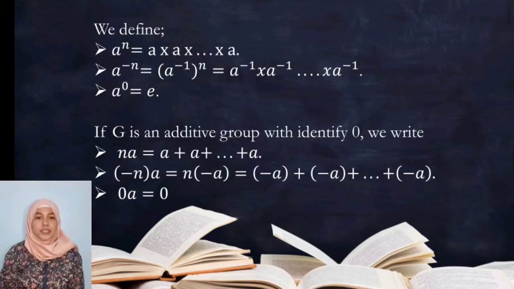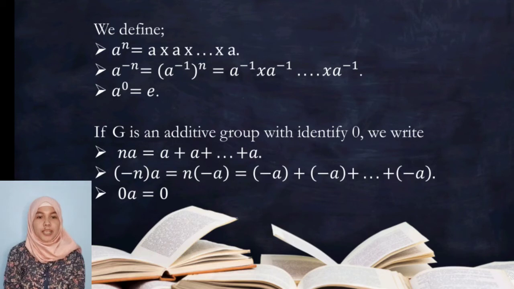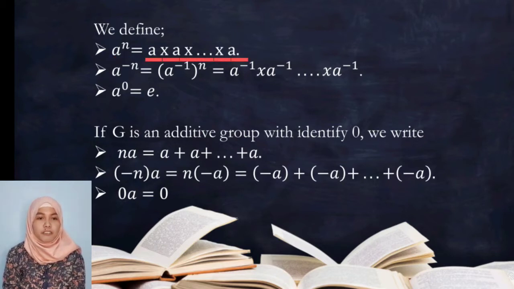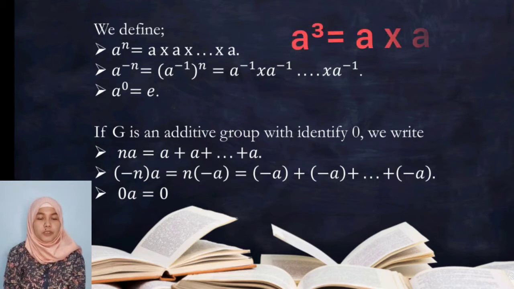Let me introduce a notation called exponential notation. We define the symbol a to the power of n as the product of a copied n times. For example, a cubed means a times a times a.